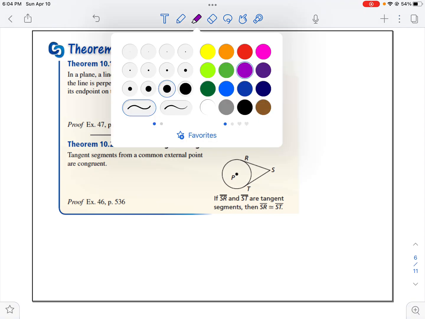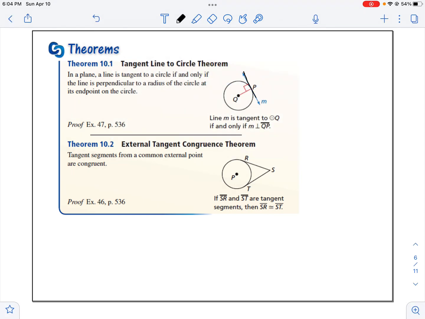So again, fancy way of saying that is, it's tangent if the radius and the tangent line create a right angle. The other one is the external tangent congruence theorem. And that just says tangent segments from a common external point are congruent. Another way of saying that is two tangents always meet at some point that is an equal distance.